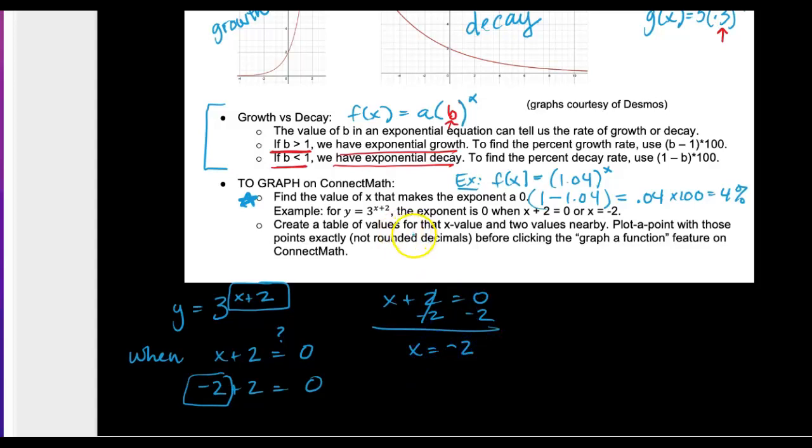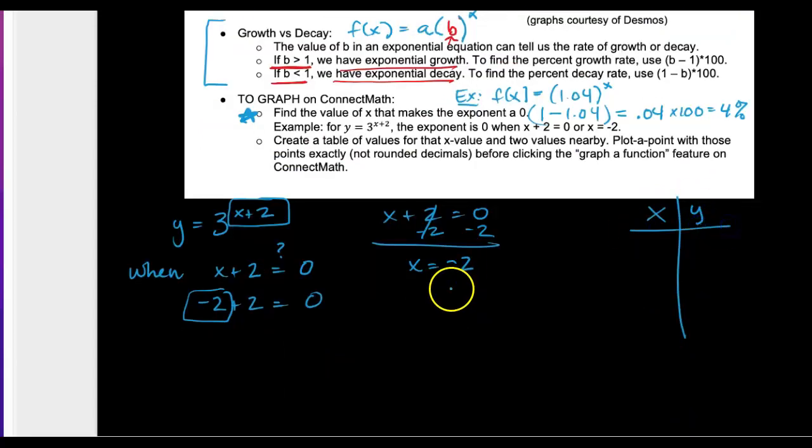So its exponent is 0 when x is negative 2, and then we can create a table of values. Plugging in negative 2 is a good idea because that makes things easy.